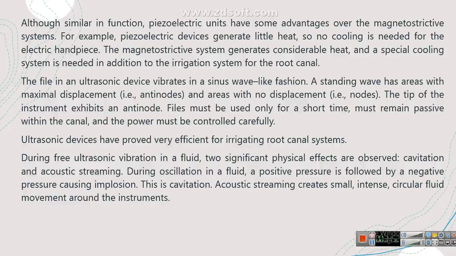This is cavitation. Acoustic streaming creates a small, intense circular fluid movement around the instrument. So, by positive and negative pressure, through push and pull, you can make some oscillation of the solution around the apical third.